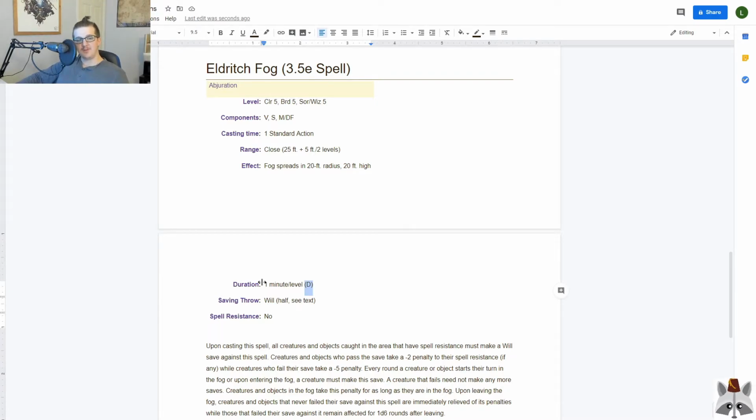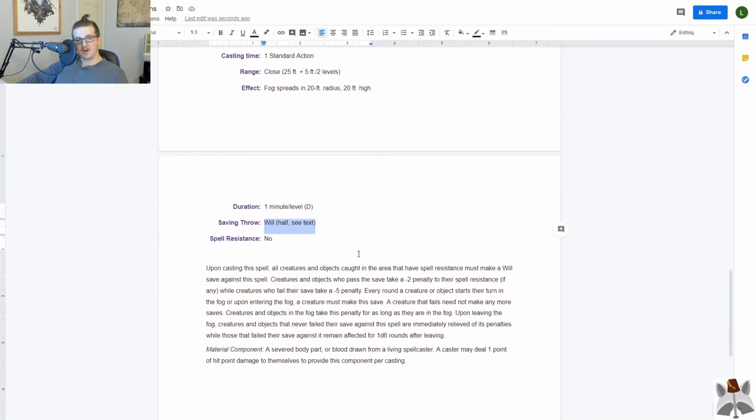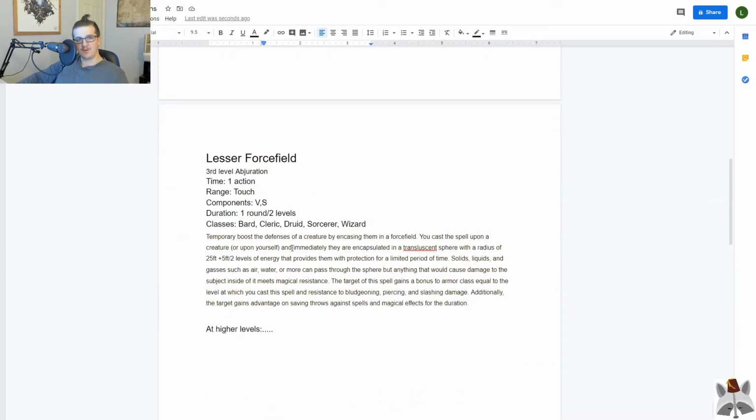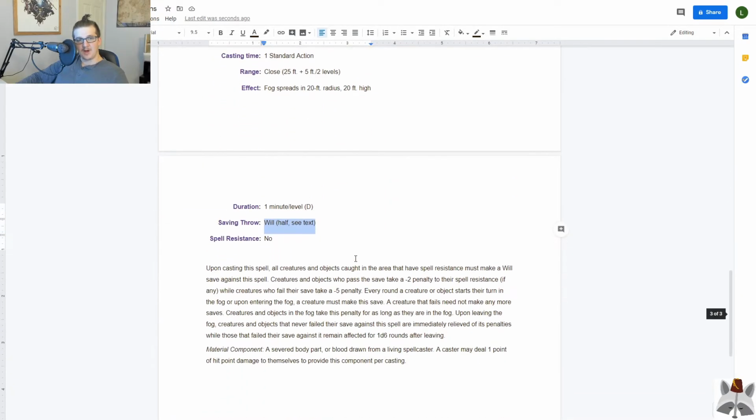And I think that should be something that should be integrated into D&D, or 5th edition. The saving throw is wisdom again. Although I don't even know why this needed a saving throw. Whatever. I don't think, actually this one does. And then spell resistance, no. I don't know what spell resistance meant in 3.5, so we'll just ignore that.